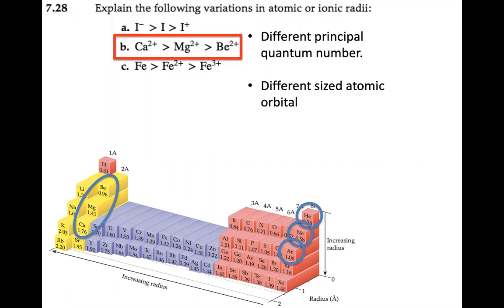We're making apples to apples comparisons, the same number of electrons found in the same atomic orbitals. However, it's a different number of protons. If I have more protons, it would lead to a contraction of those electrons that are present.